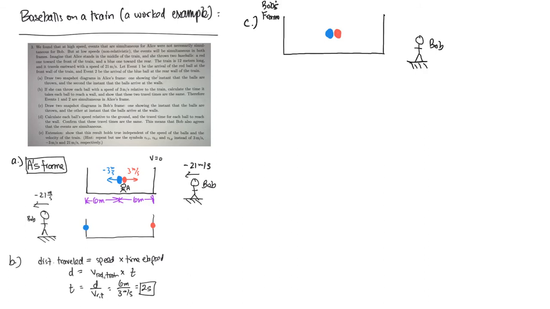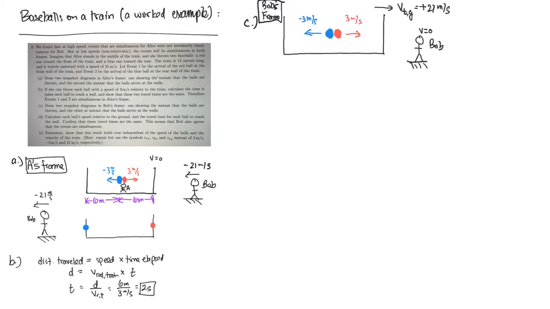Okay, so now let's draw the situation in Bob's frame. So in Bob's frame, we know that the train is moving, and it's moving to the right. So v of train relative to ground is plus 21 meters per second, okay? And v of Bob is 0, because we're in Bob's frame. And you might be tempted to draw something like this, where we have 3 meters per second for each ball, because we know that the ball is thrown at 3 meters per second.